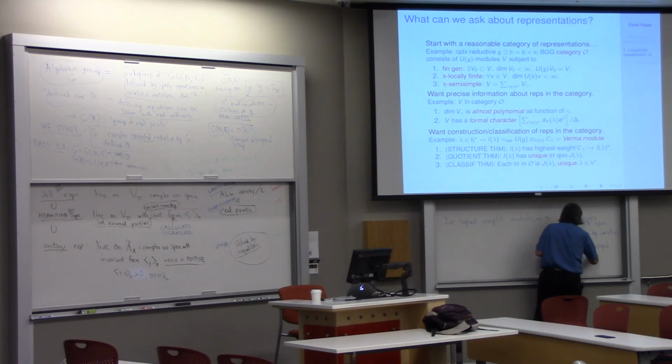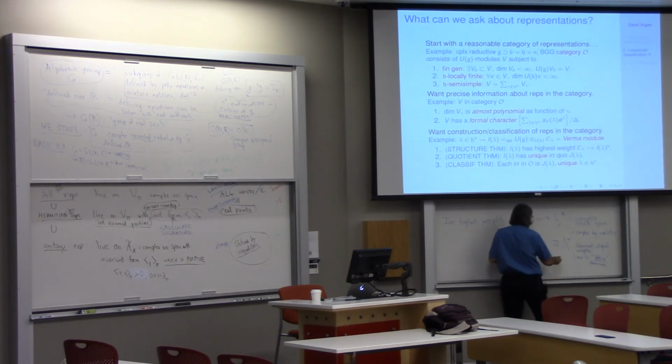So this is some sort of cone in a lattice. In the semi-simple case, it's a lattice, but anyway. And these are the finite dimensional representations.